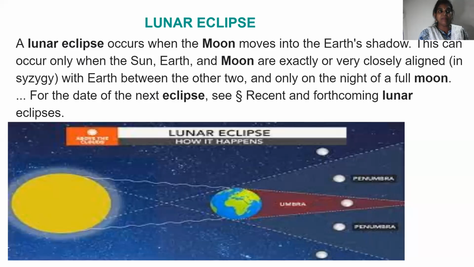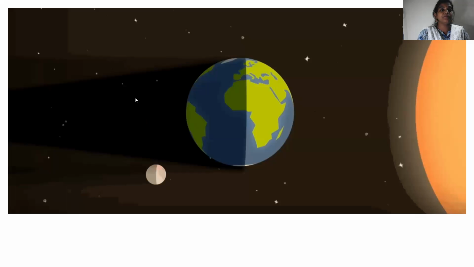In a partial lunar eclipse, you can see a small part of the moon, and during a full lunar eclipse, you can't see the moon at all. So here you can see how the earth comes in between. Earth revolves around the sun, and also moon revolves around the earth, right? So when the moon is revolving around the earth, what happens?